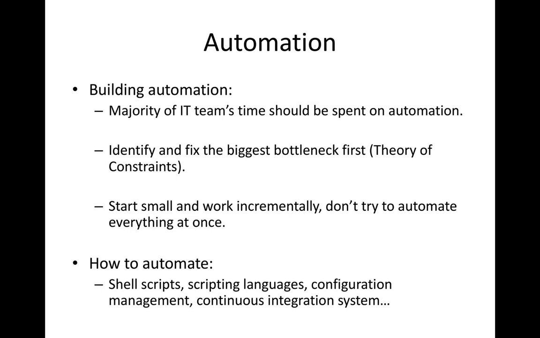So you start by automating part of a process or creating some sort of tool. And then you learn from that. You take the feedback from that work, and then you plan another increment, another iteration.